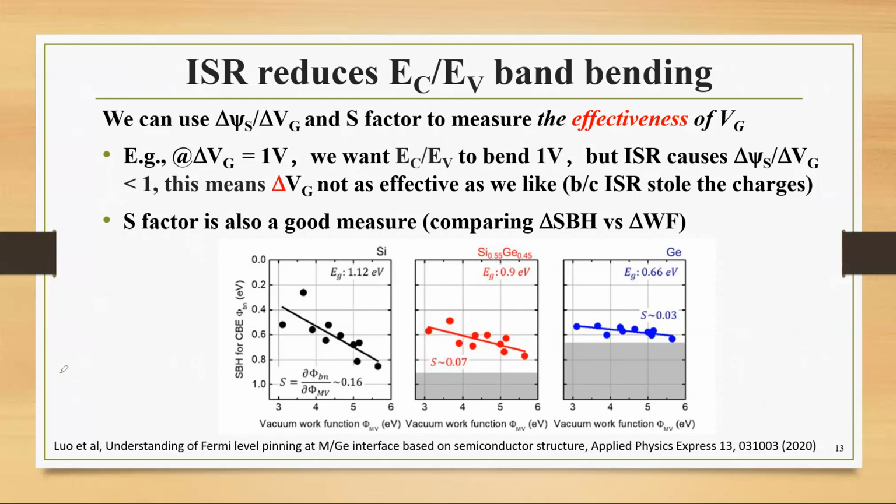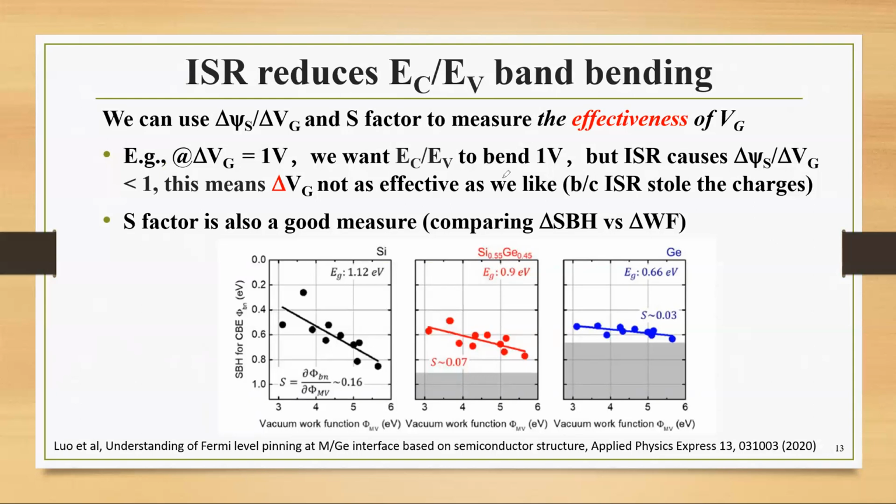And you can use the surface potential versus V gate. If you apply delta VG of 1 volt, then we want the band to bend 1 volt. That's what we hope for.